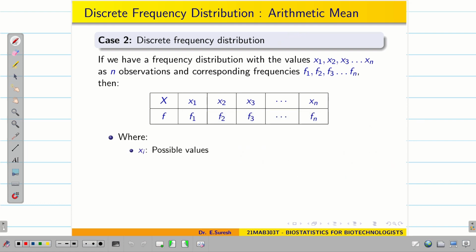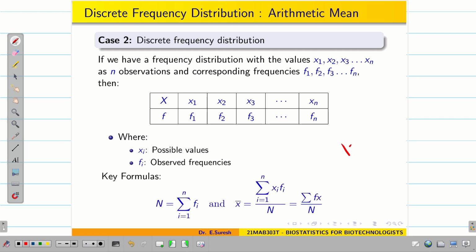So xi's are the possible values, fi's are the frequencies, then x bar is going to be summation fx divided by capital N. Actually, we have to say summation i equal to 1 to n xi fi divided by n. But it is okay, in a short form, we can take it like this.